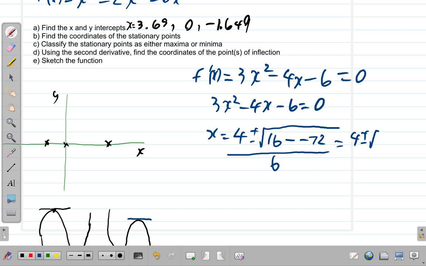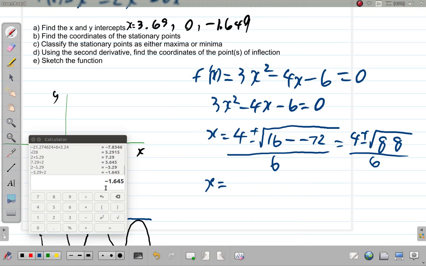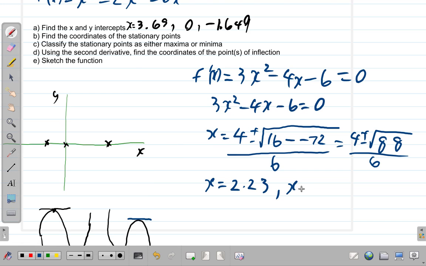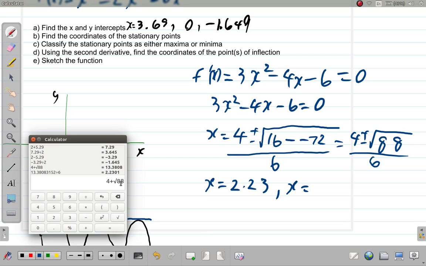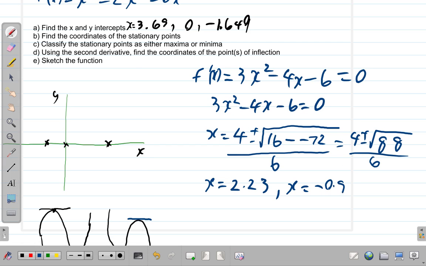So what we have is 4 plus or minus the square root of 16 plus 72, which is 88, over 6. So x will be, in one case, 4 plus the square root of 88, and that over 6 is 2.23. In the second case, where we subtract, 4 minus the square root of 88, over 6, is negative 0.897.